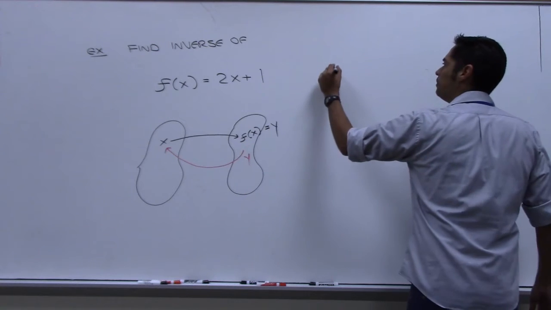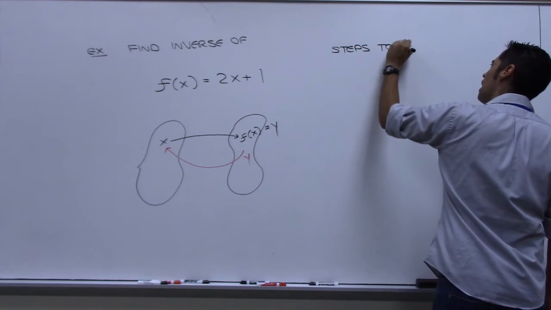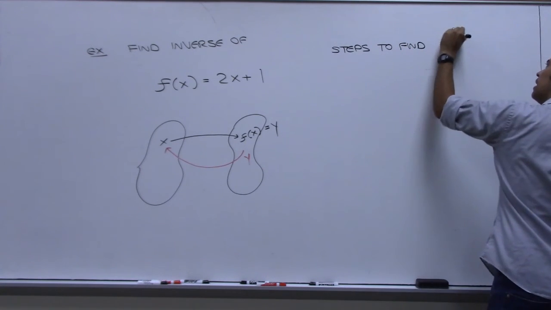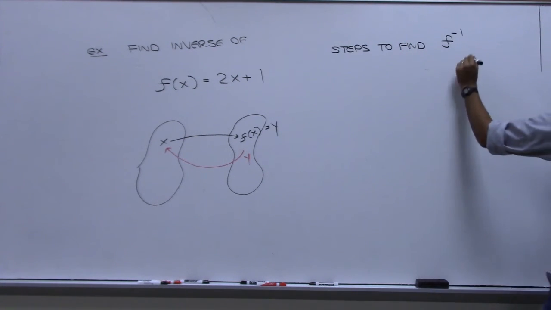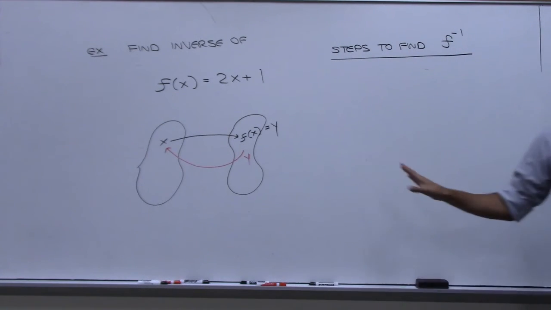So the first steps to find f inverse, all right? Here they are. This is a side note, like this is an example we're going to do, but these steps will apply all the time, all right?